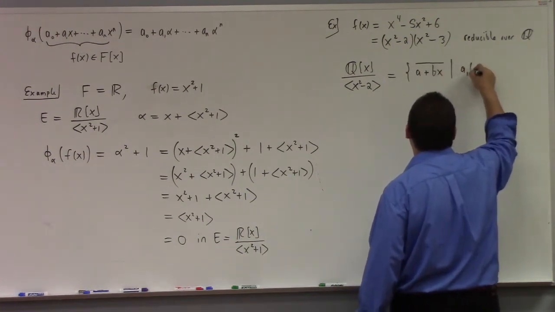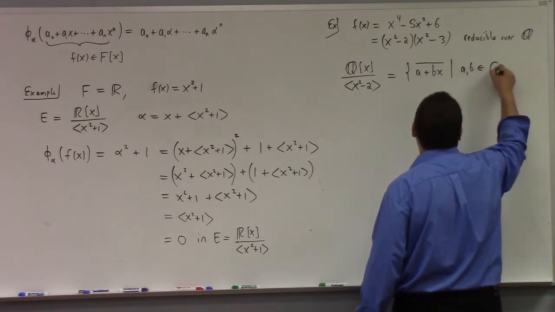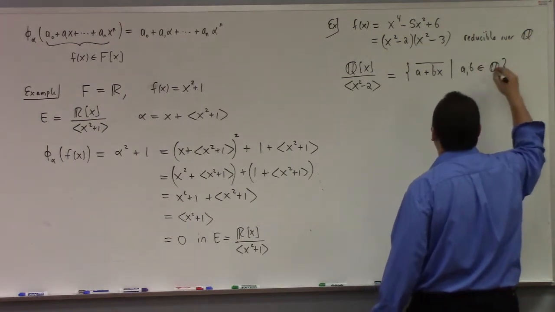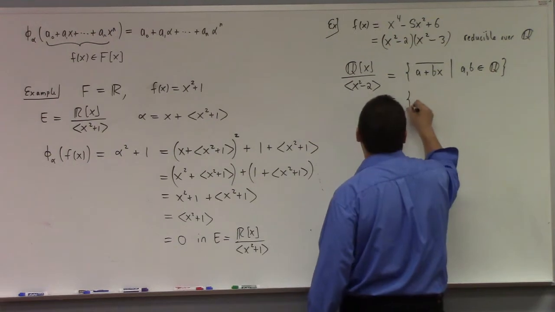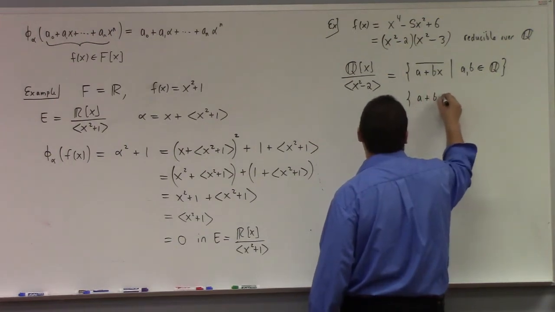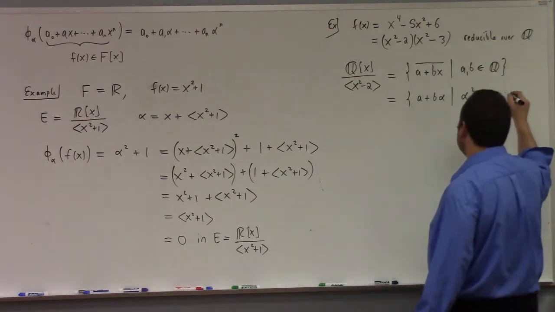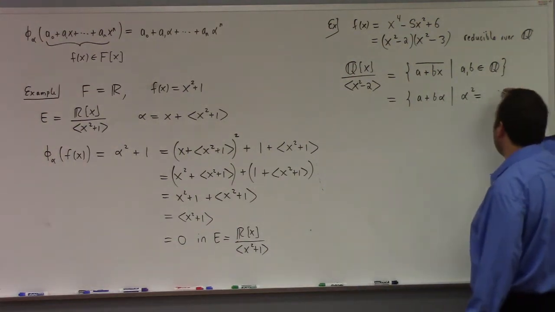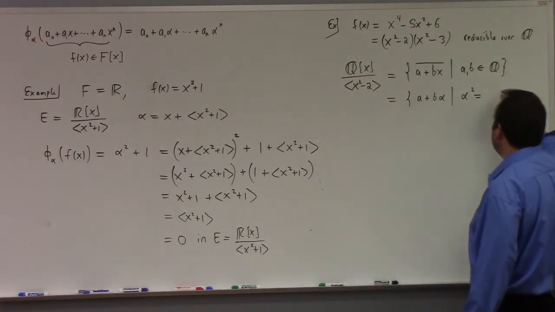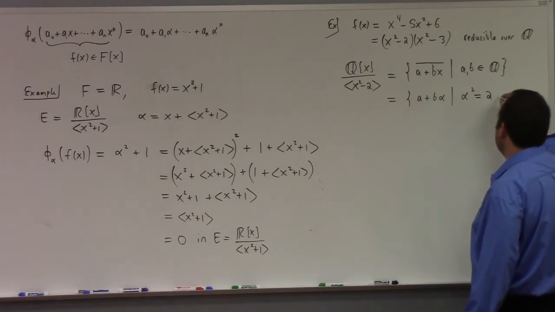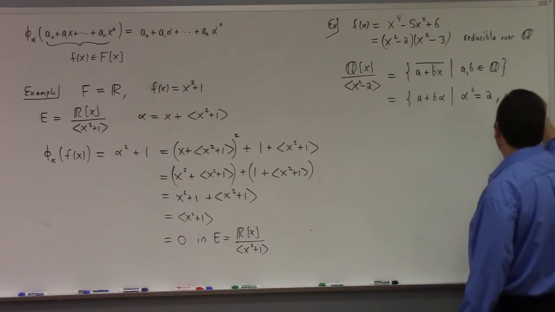Such that a and b are rational, right? Getting more to the point, we could rewrite this just like this, right? This is really a plus b alpha, such that alpha squared is what? 2, right? And yeah, a and b are rational numbers.